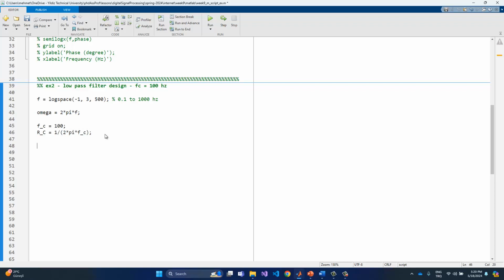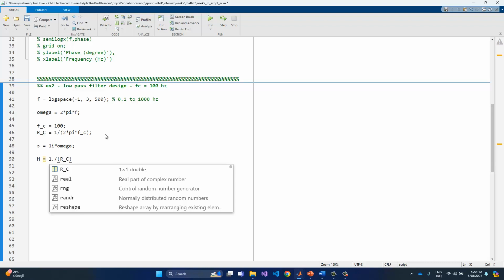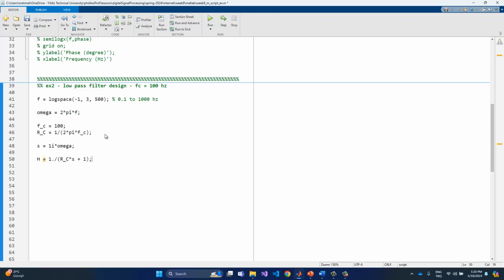And so s is equalized with 1i times omega, okay? And so H can be given with 1 divided by RC times s plus 1, okay?